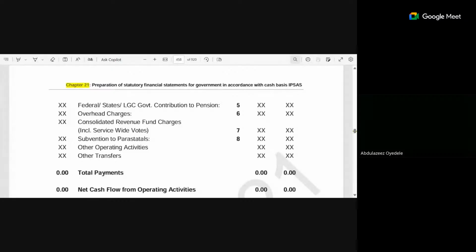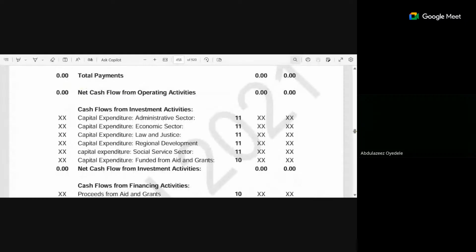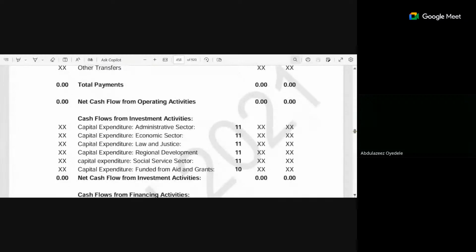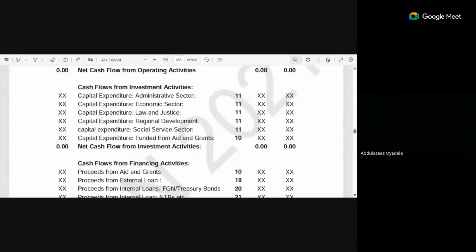And then the difference between the inflow and the outflow will give us the net cash flows from operating activities. And then the second part will be the cash flows from investing activities. Now, these are activities that have to do with acquisition or disposal of non-current assets or investments.